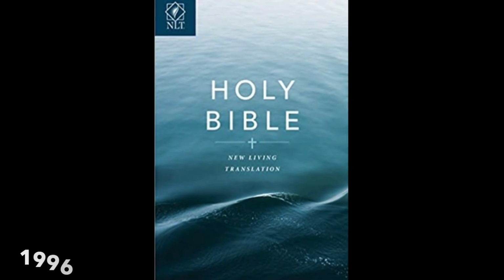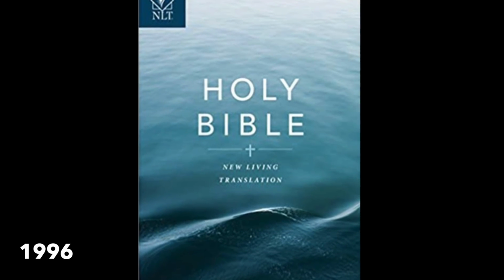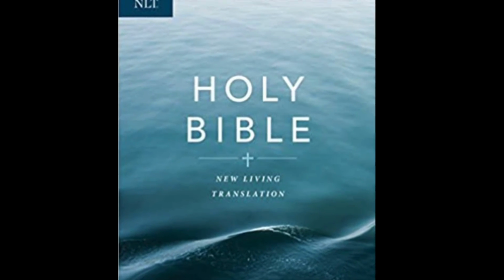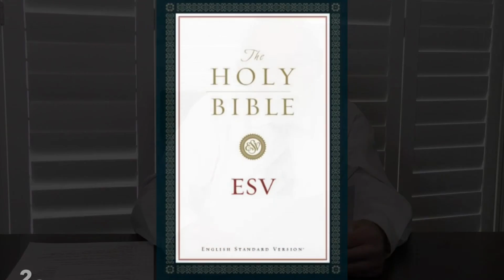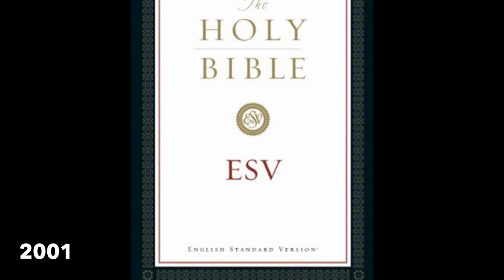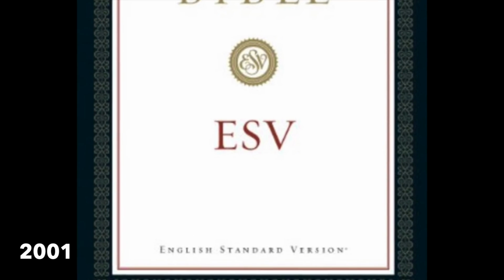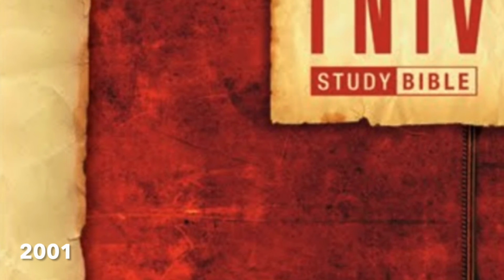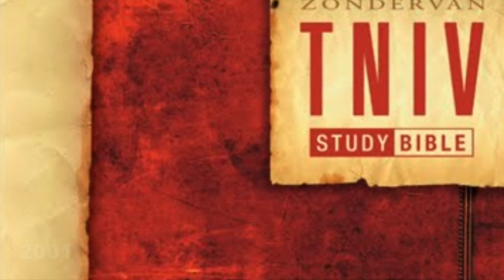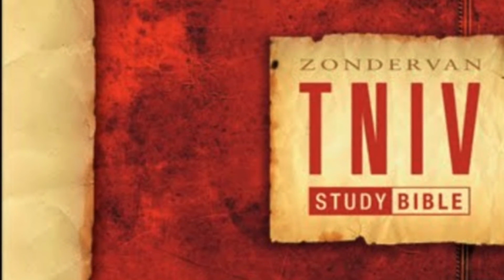The Holy Bible, New Living Translation was done in 1996, and then it was revised again in 2004 and 2007. The Holy Bible, the English Standard Version, was published in 2001. The Holy Bible, Today's New International Version, was published in 2001 and revised in 2005.